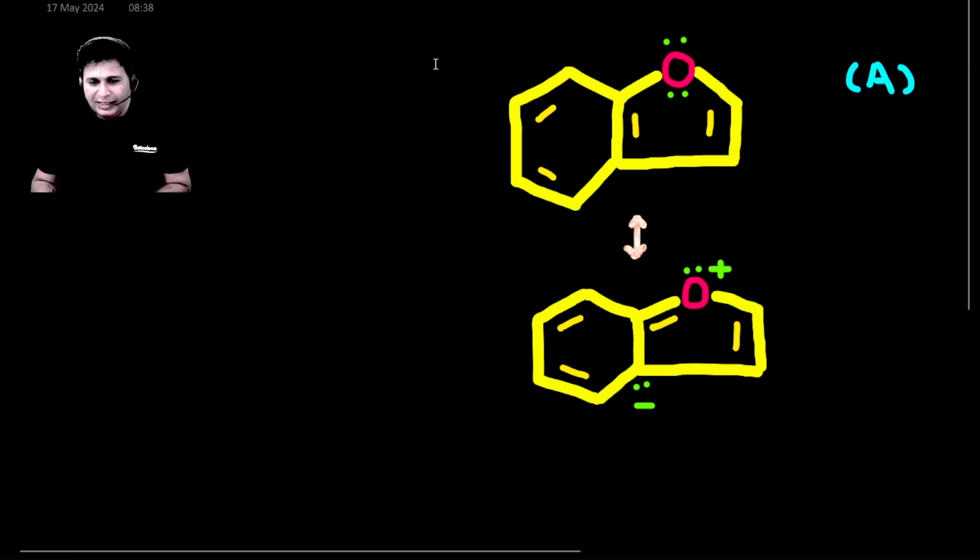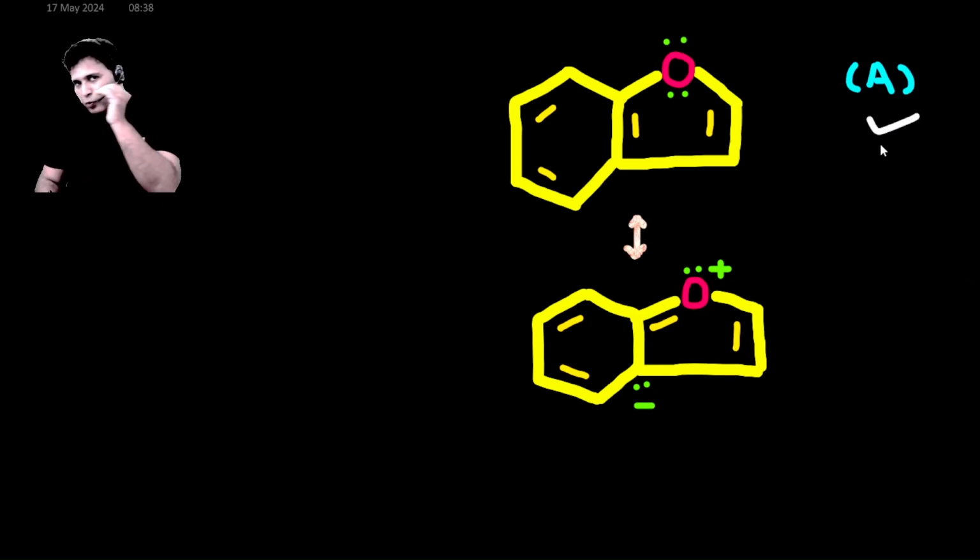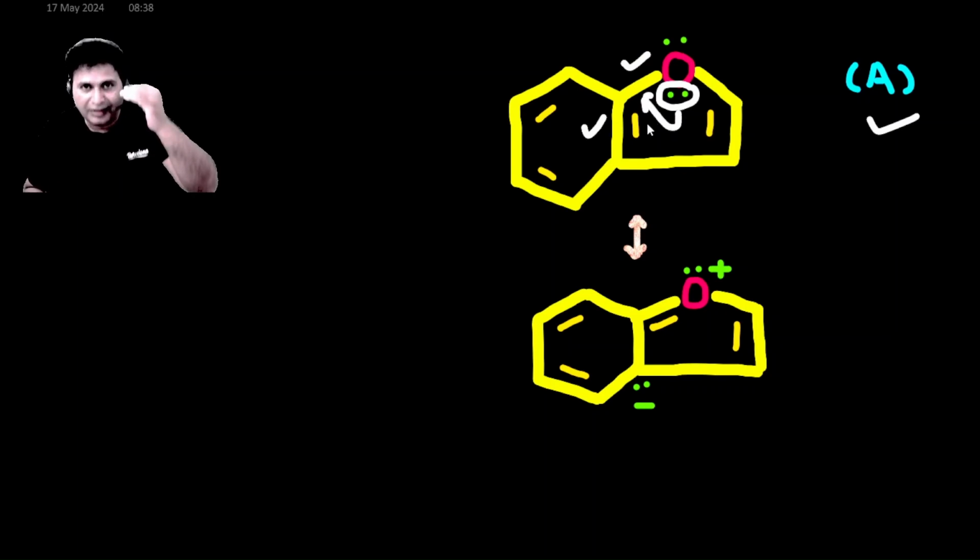So you can see that I have started from A and have made one of the resonating structures. What I found is there is a conjugation: lone pair, single, double. So I just did the resonance.